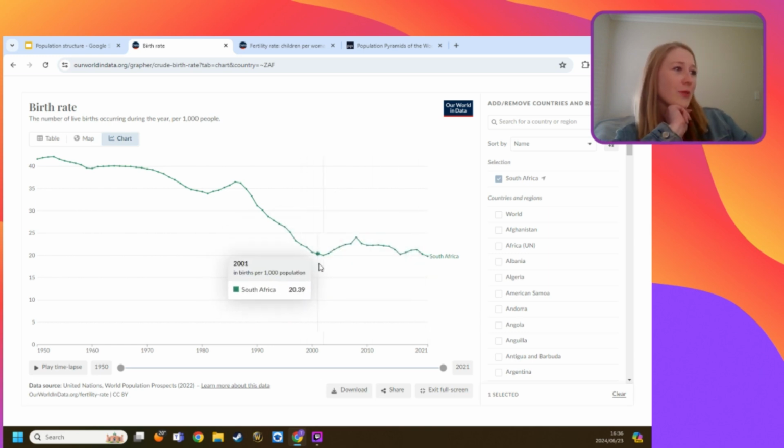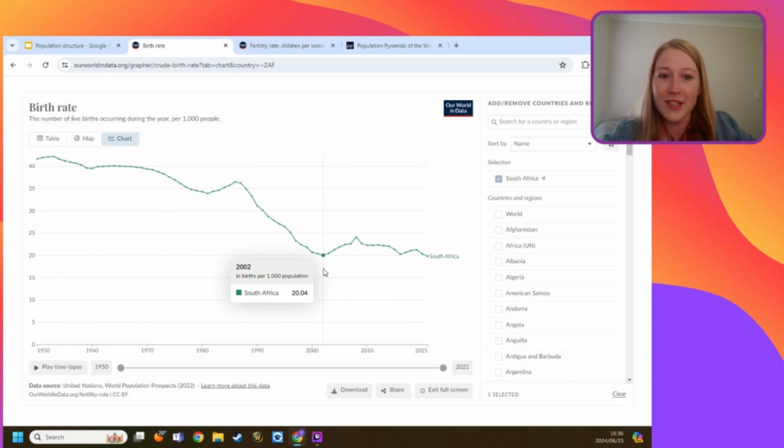I find it interesting that there was a little dip over here. I wonder what that is. I know that this isn't the video where we're doing factors that affect indicators. That's a whole different conversation. We can get back to that one some other time. But whenever I look at these graphs, I always wonder what happened during these years for that dip to occur.